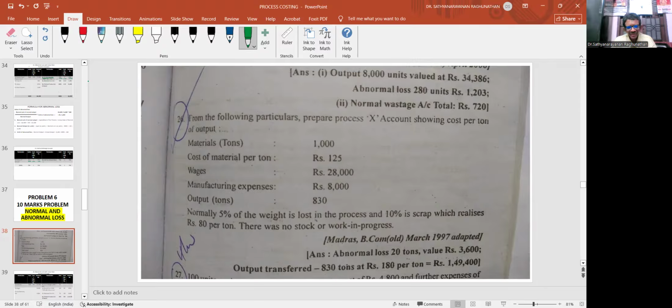Manufacturing expenses 8,000. Output in tons 830. Normally 5% of the weight is lost in the process and 10% is scrap, which realizes rupees 80 per ton. There was no stock or work in progress. So it's a very important problem. Just take a screenshot of this question.